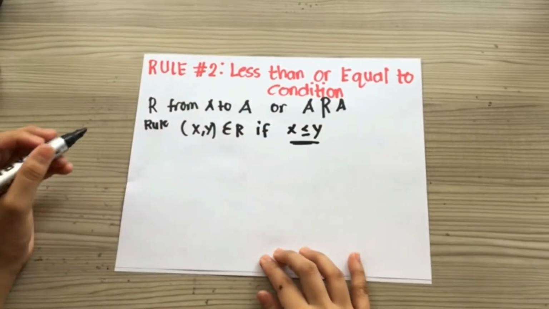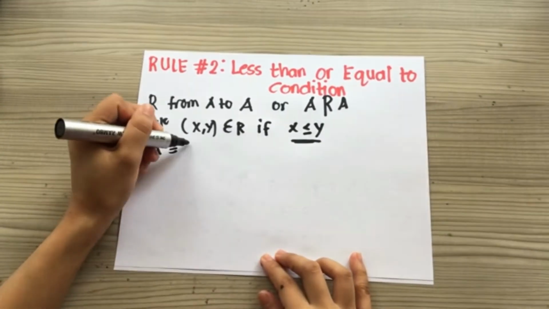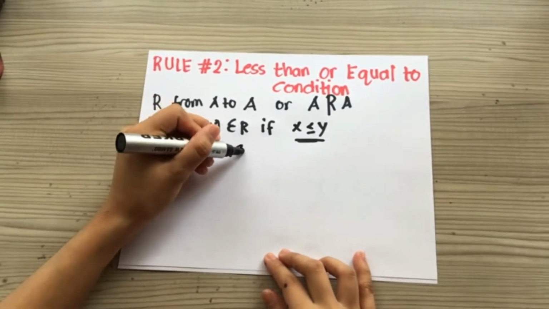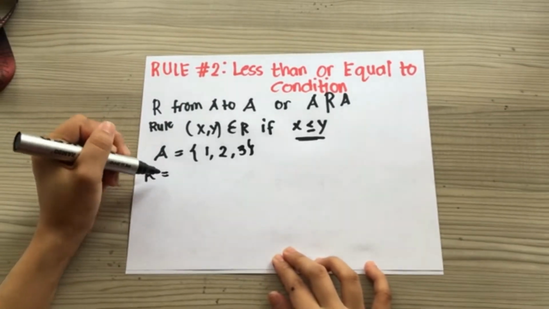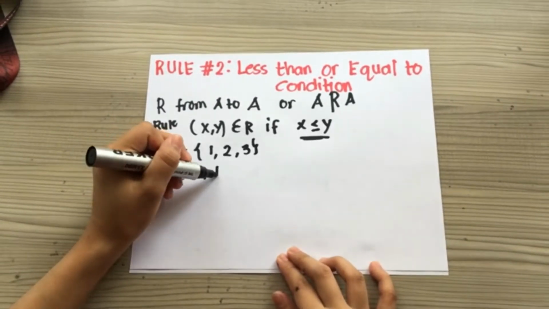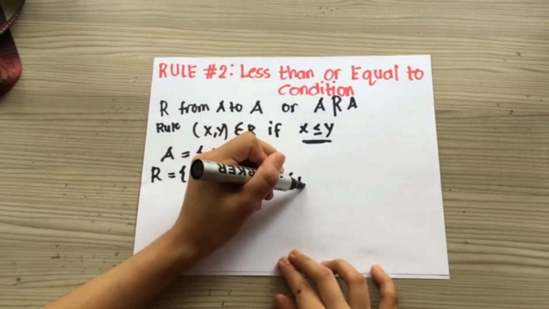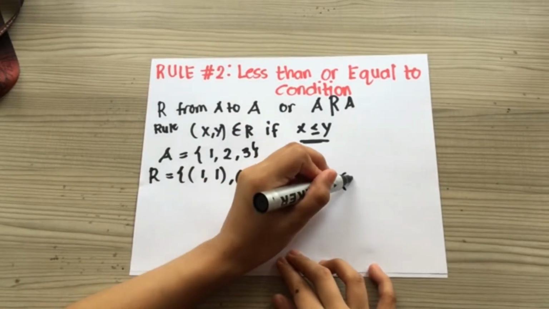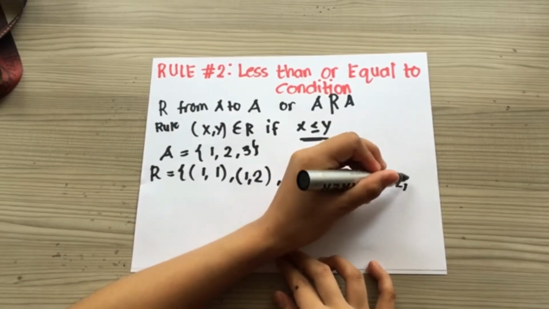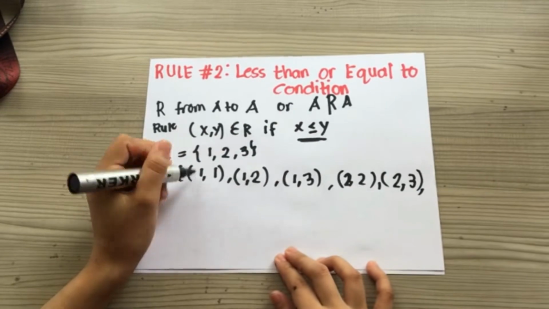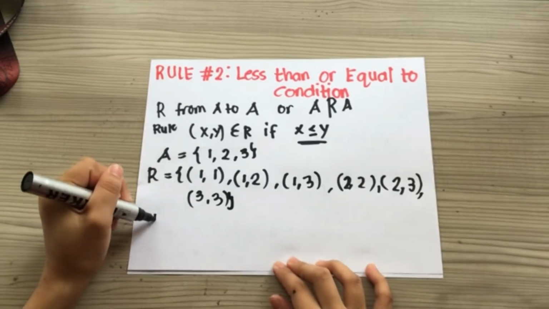If we let A be equal to 1, 2, 3, therefore, we obtain the relation R equal to (1, 1), (1, 2), (1, 3), (2, 2), (2, 3), and (3, 3), wherein the domain and range of the relation are both equal to the set A.